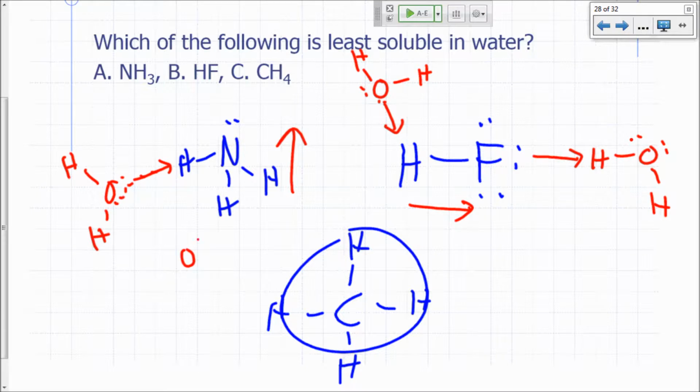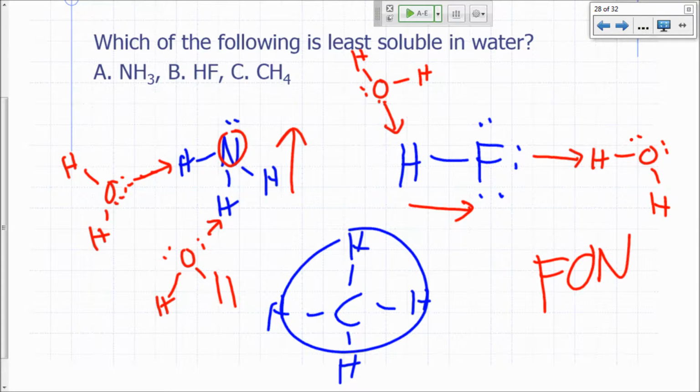So I have a water molecule here that can interact with that hydrogen because this hydrogen is attached to a nitrogen. Anytime you have hydrogen attached to fluorine, oxygen, or nitrogen, it's easy to remember, FON, the three most electronegative atoms, then that hydrogen is capable of hydrogen bonding interaction with a neighboring molecule that has oxygen, nitrogen, or fluorine with a lone pair. So water, for example.